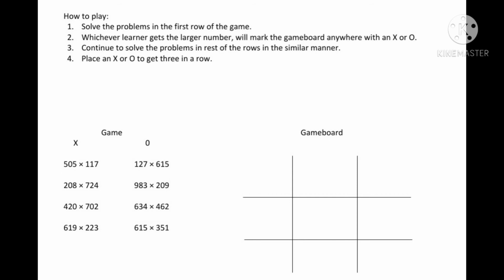Now this is a very interesting game for the pairs. This will be a very enjoyable activity for them, because while they play the game they are already fond of, tic-tac-toe, they will also use the concept of multiplication and thereby have a thorough practice of it.